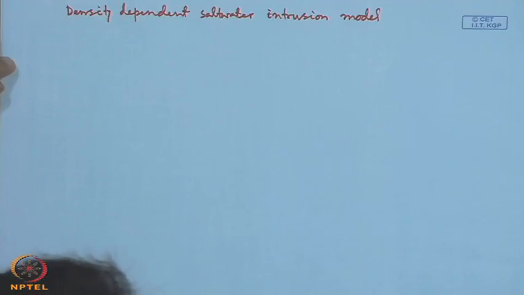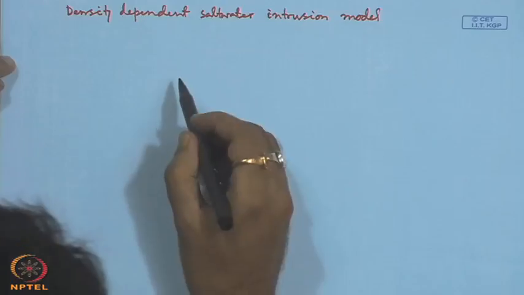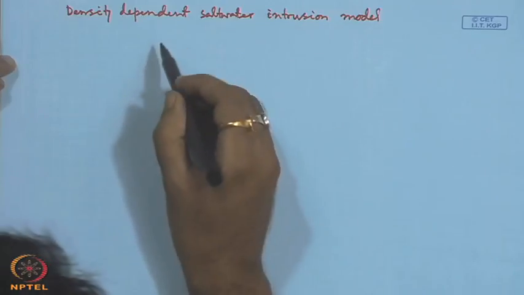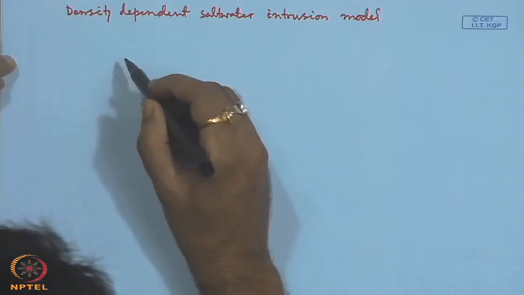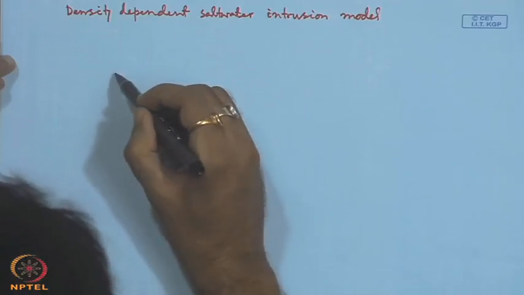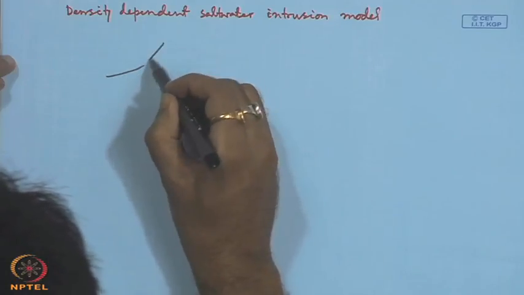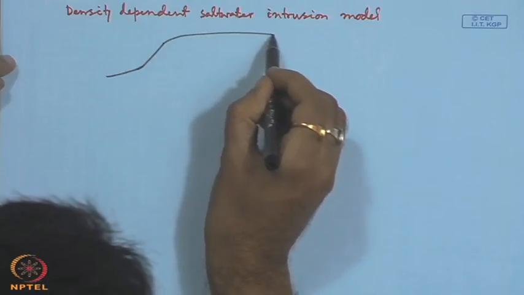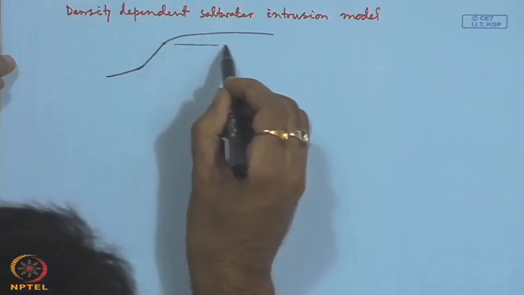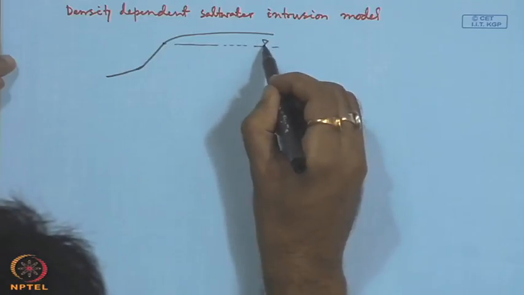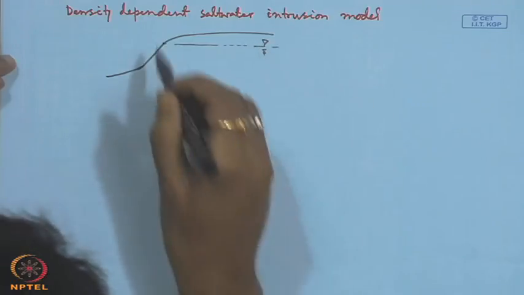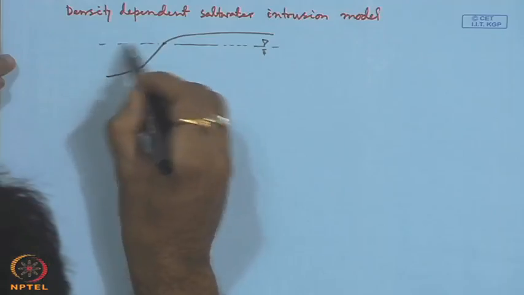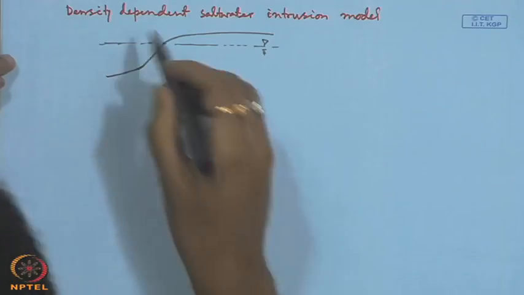So, in this model, a transition zone is considered instead of a sharp interface that is used for our sharp interface modeling using the Ghyben-Herzberg principle.